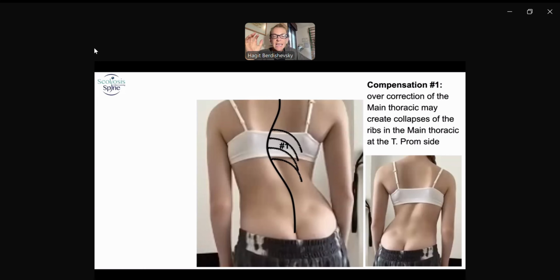Then we see, I call it in my courses, a banana being formed. It's not a rectangle, it's not a parallel, it's something like that. This is overcorrection of the main thoracic that may create collapses of the ribs in the main thoracic region, in the main thoracic curve, at the thoracic prominence side. Okay? And we see this happening.